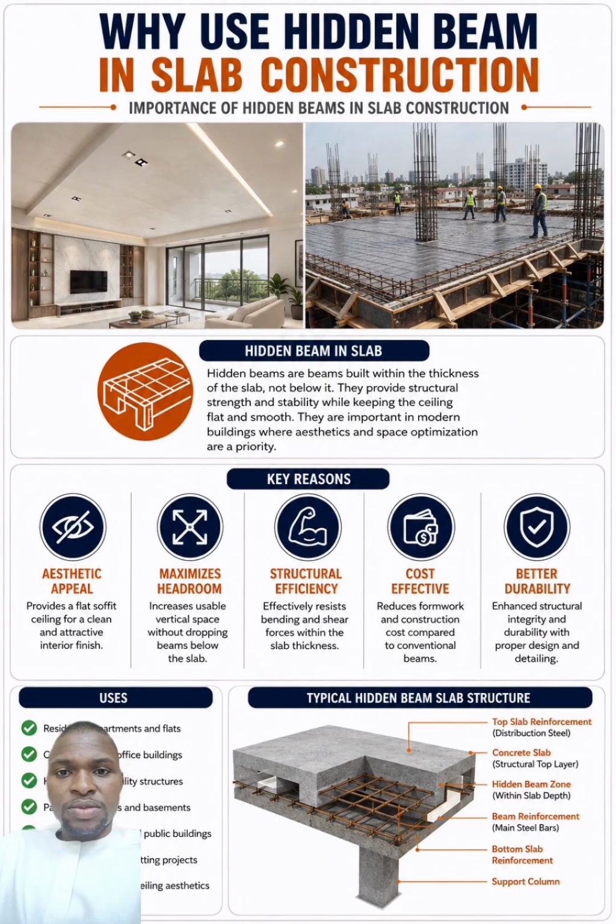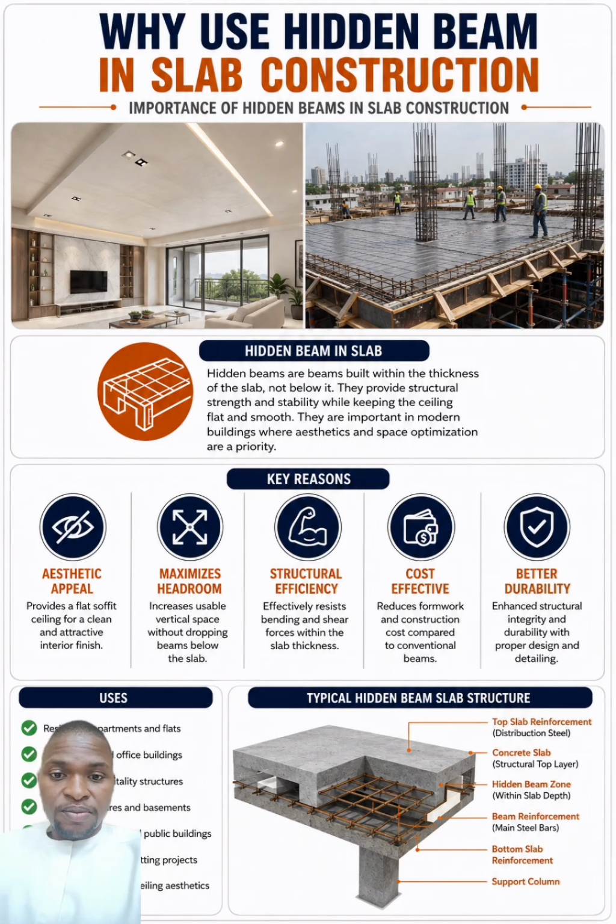Sometimes instead of a drop beam, which is a beam that is visible in structures, you can go for a flat hidden beam. So hidden beam gives that aesthetic appeal, still gives the normal support it should give to the slab, but gives a more hidden, smooth and flat slab surface that you desire.